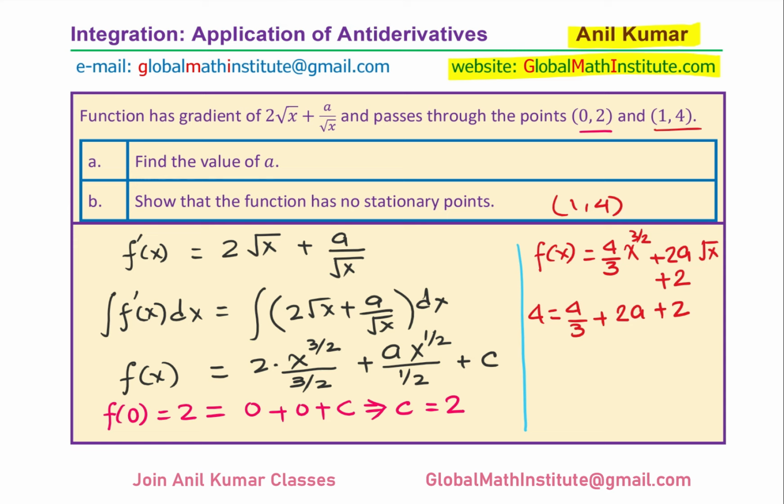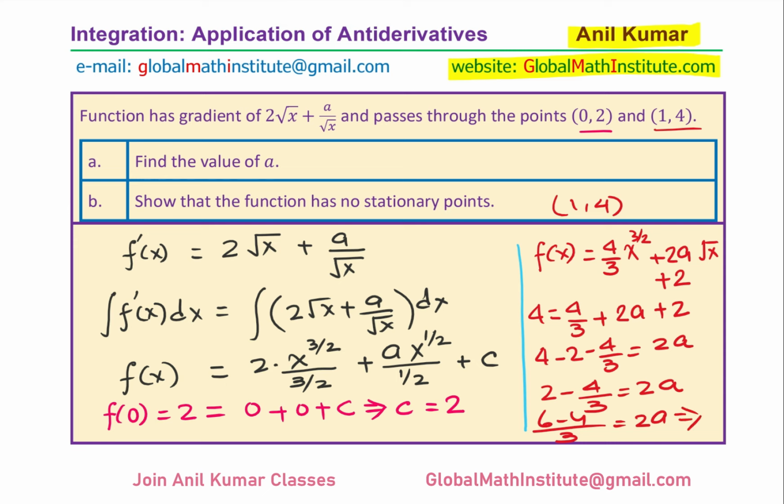So now we can write down 4 minus 2 minus 4 over 3 as twice a, which is 2 minus 4 over 3 equals 2a, which is 6 minus 4 over 3 equals 2a. 6 minus 4 is 2 over 3, right?